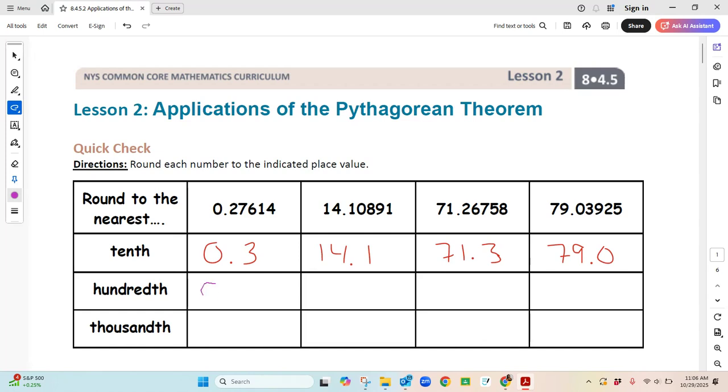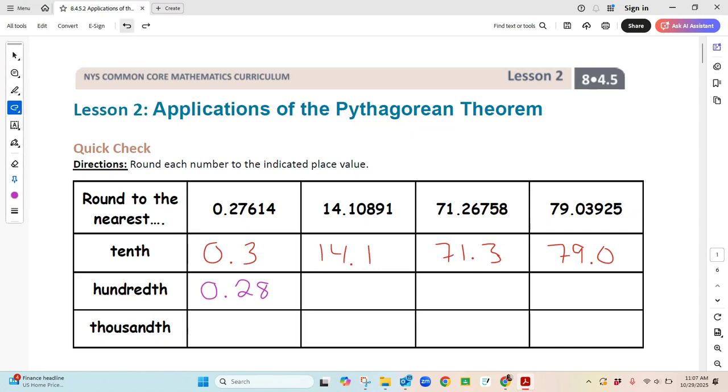So for the first one, that would be 0.28, simply because the number 6 is 5 or above. The rule is 5 or above, give it a shove. 4 or below, leave it alone. We always look at the number to the right of the place we want. So 6 is to the right of our hundredths place, so we would put 0.28.